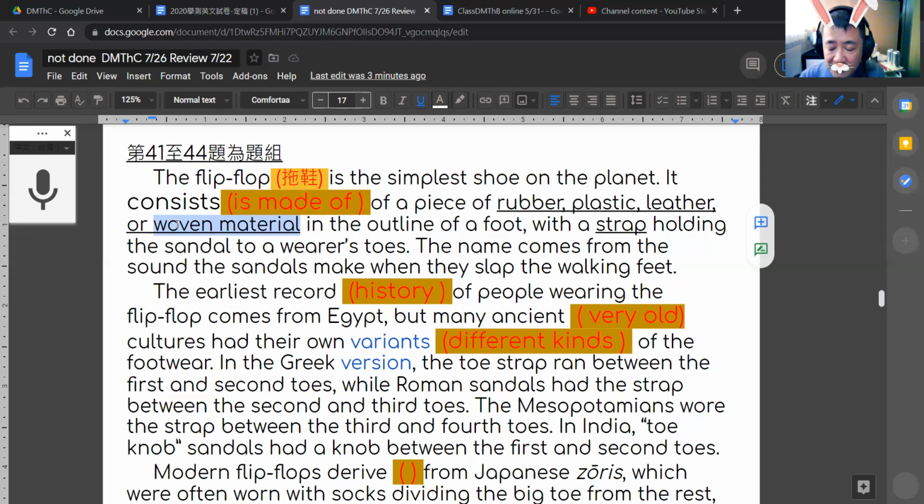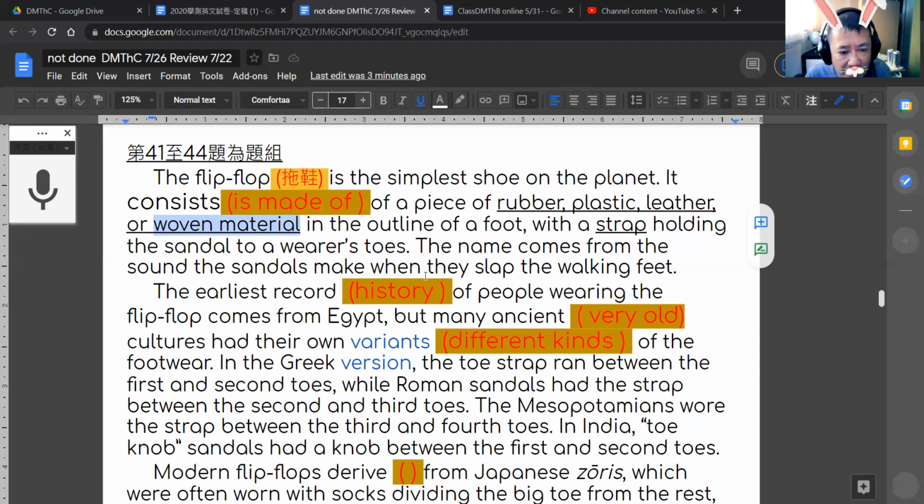Okay, so it consists of a piece of rubber, plastic, leather, or woven material in the outline of a foot, with a strap, right? With a 带子, a strap, okay, holding the sandal to a wearer's toes. So notice these vocabulary for everyday things, 平常的东西, you have to try to remember them, okay?